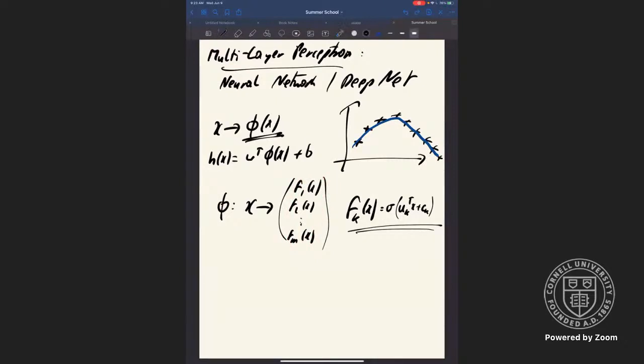And if you draw this, now you can see why it's called a neural network. This here is my X, this is my X1, X2, these are my different dimensions. And here's my F1 of X, which takes as input all the dimensions of my input.